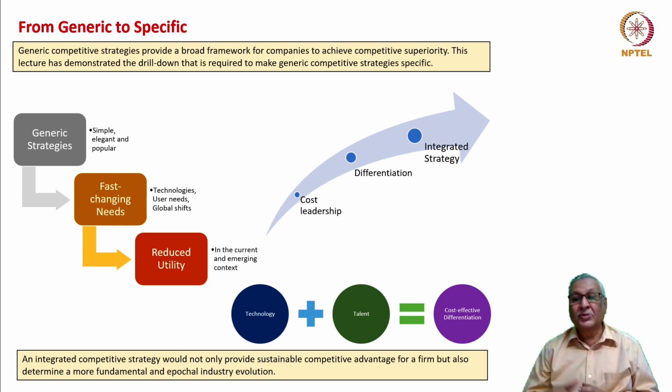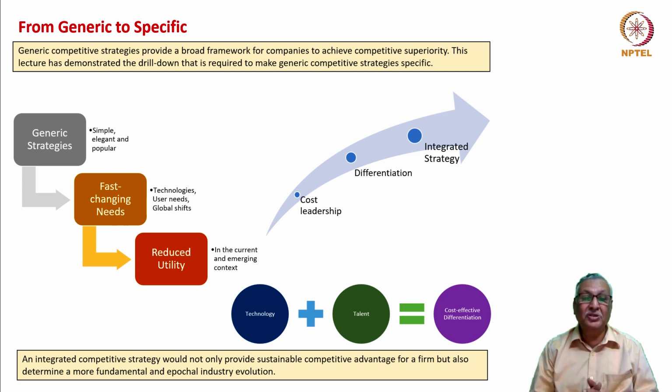Therefore, there is reduced utility in the current and emerging context of a very simple construct of 3 generic competitive strategies. From cost leadership and differentiation as alternatives, we need an integrated strategy which has shades of differentiation and cost leadership. You can have differentiation as the predominant type of strategy, but you should have cost leadership also in grade. You can be choosing to be a cost leader, but you should know how to differentiate your products to ensure that your level of production and your level of market delivery provides above average industry returns.